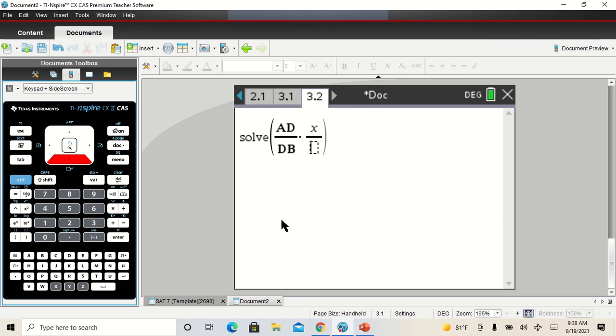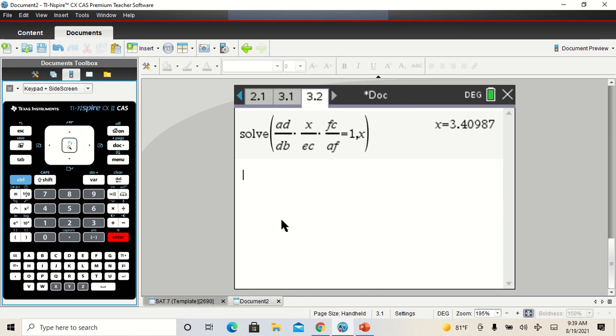And that's going to be over EC times, and then the way they label it as FC, and then the other part as AF. That equals 1. So in here, because I'm in solve mode, I have to put the variable I'm solving for, and I'm solving for X. So I just do comma X, close parentheses and hit enter.